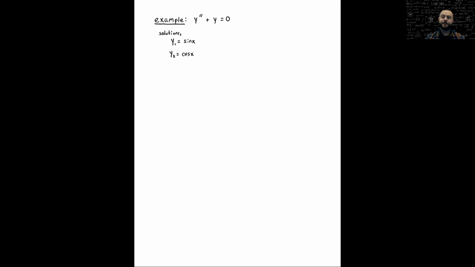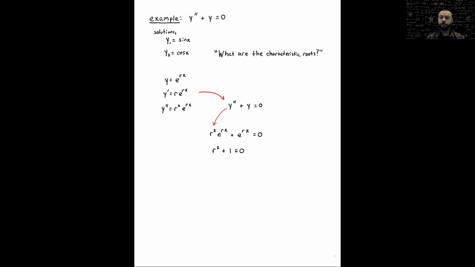Let's see what we get by using the characteristic equation. For this differential equation, what are the characteristic roots? Assume a solution of the form y equals e to the rx, calculate your derivatives, plug into the differential equation, factor out e to the rx, and we get the characteristic equation, r squared plus 1 equals 0.